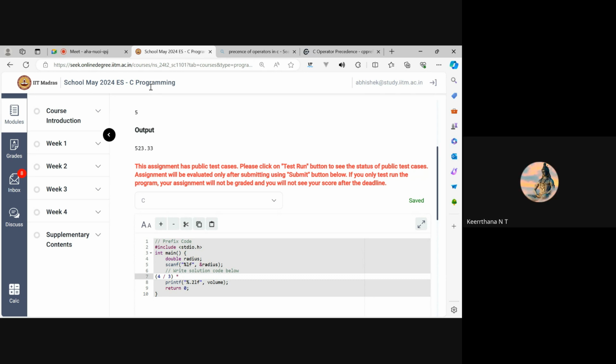Of course, you will have to create a variable. You will have to declare a variable of type double itself, right? Because if you see here in the printf, it is a float value. So remember that you have to make volume of float type, and the variable name must be the same, volume only.